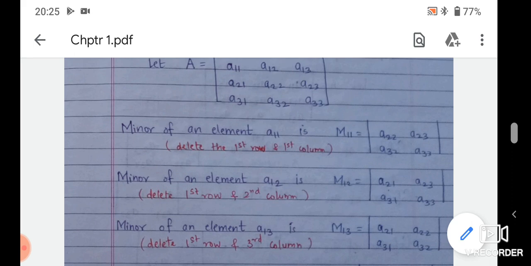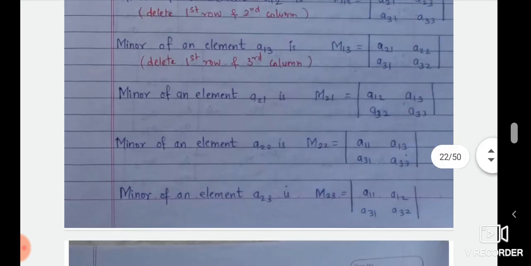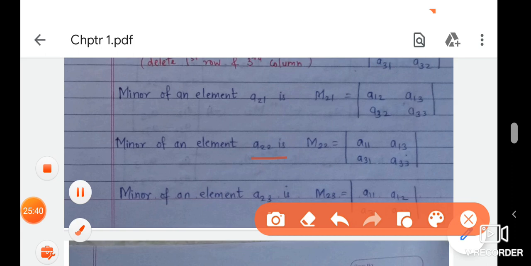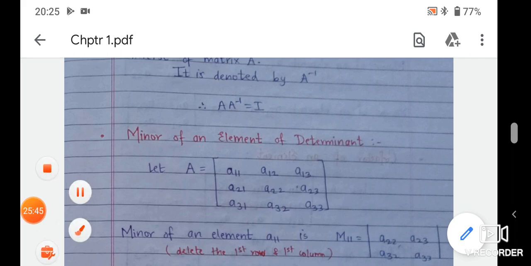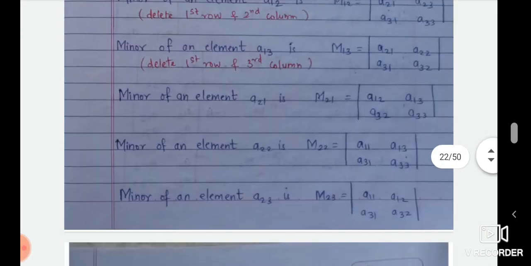In the same way, I found out the minor of A13, then A21. Okay? So M22 means what? You have to delete the second row and second column. See? I am deleting the second row and the second column. So you're left with A11, A13, A31, A33.